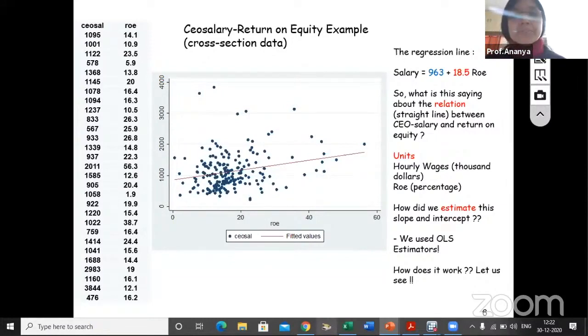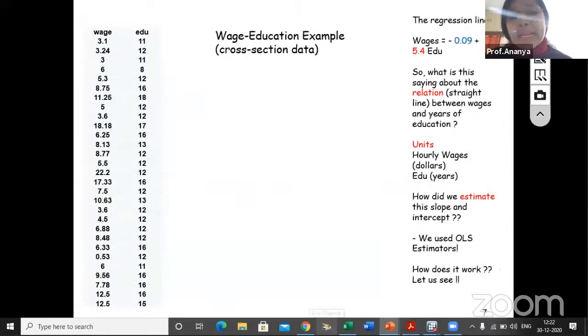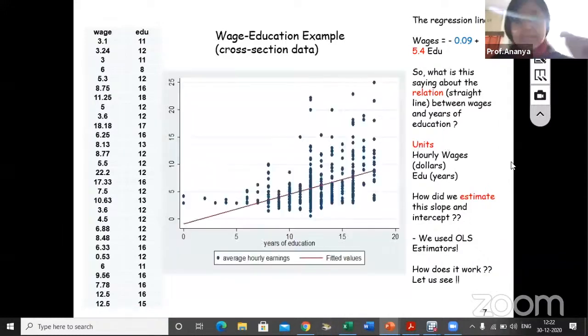Let me take you through those. Now, here, my dependent variable is wages and my explanatory variable is years of education. Again, do look at the units in which the data is measured. Wages are in dollars and education is number of years. The regression line in this case is wages is equal to minus 0.09 plus 5.4 into EDU.